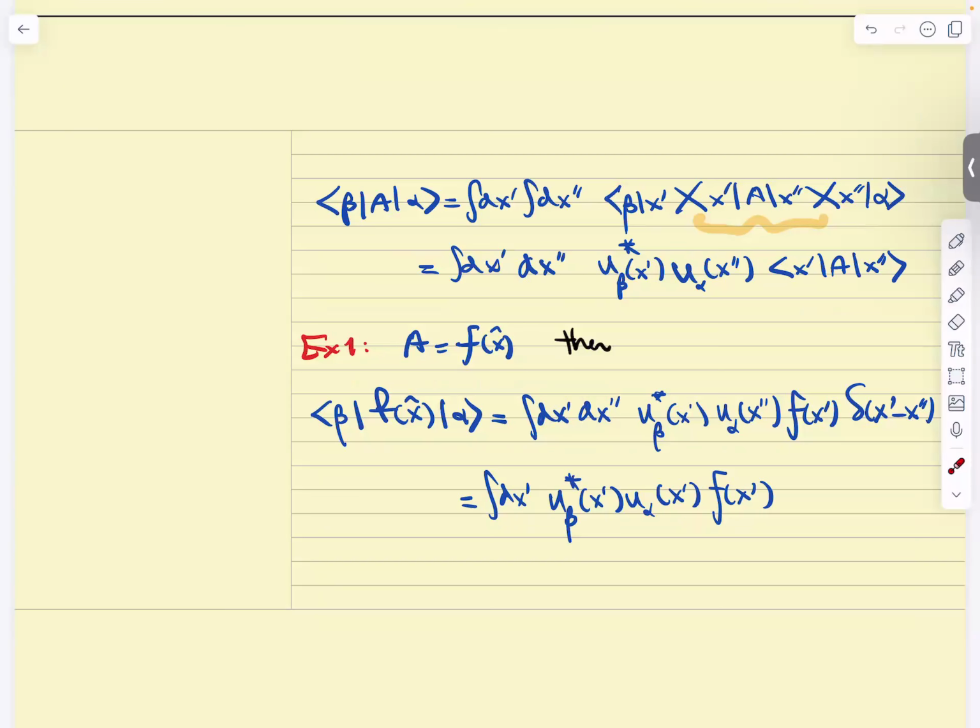So x hat and p hat are observables, right? Position and momentum. This means that any real function of position is also an observable. Why real function? Anyone? What is an observable?